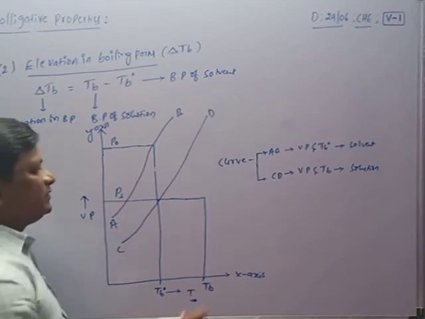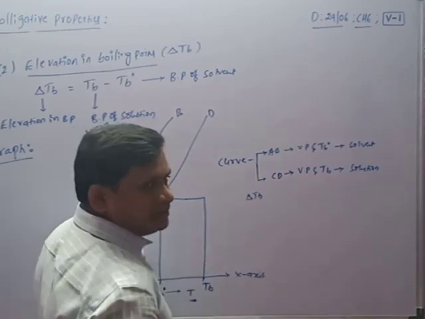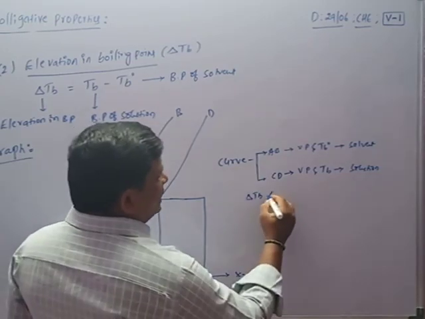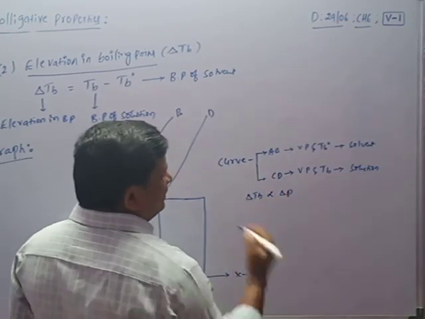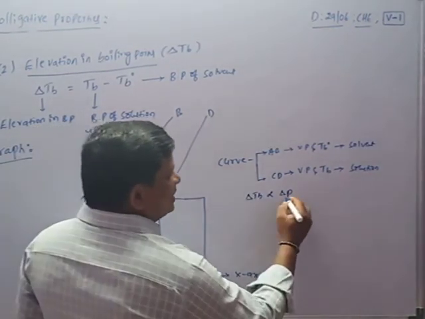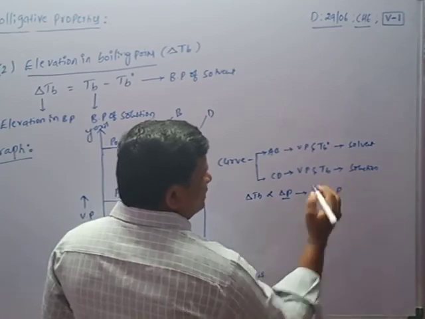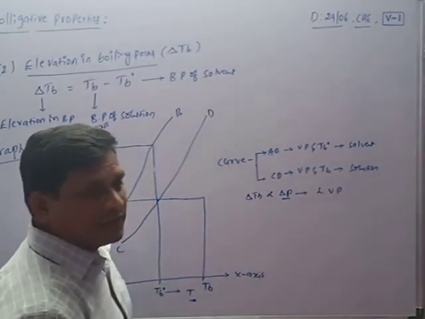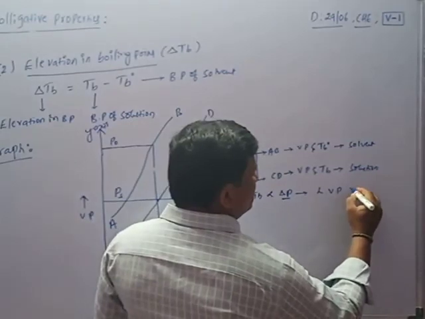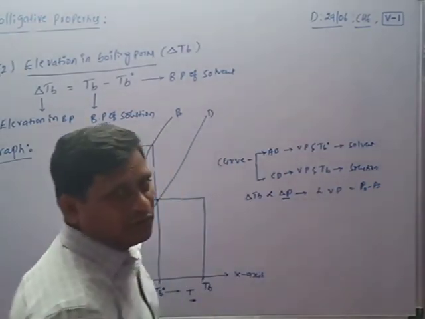Next, delta TB is directly proportional to delta P. Delta P is the lowering of vapor pressure, which is equal to P naught minus PS according to Raoult's law.